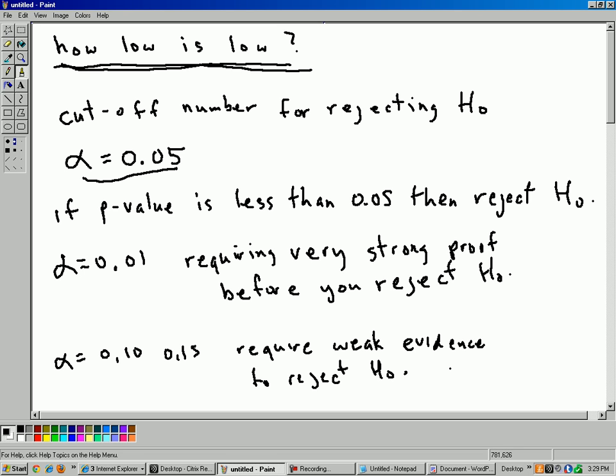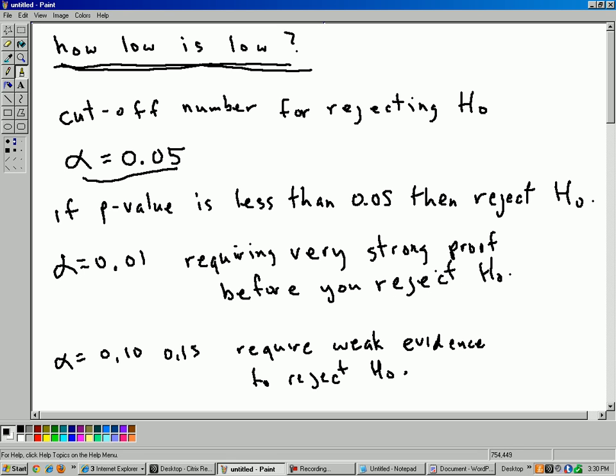Now, there are pros and cons here. If you make your alpha super low like this, then it gets really hard to reject that null. But the flip side is, if you do reject the null, you're really sure that's the correct decision.